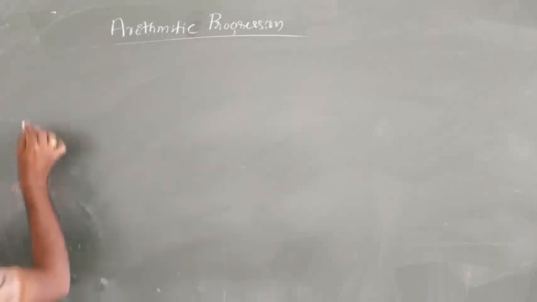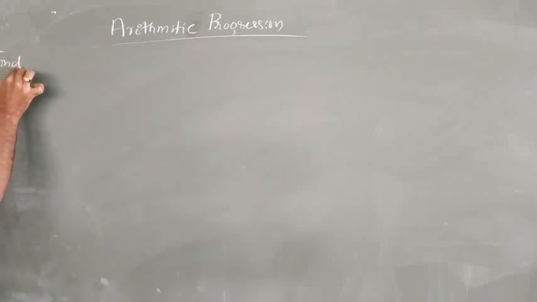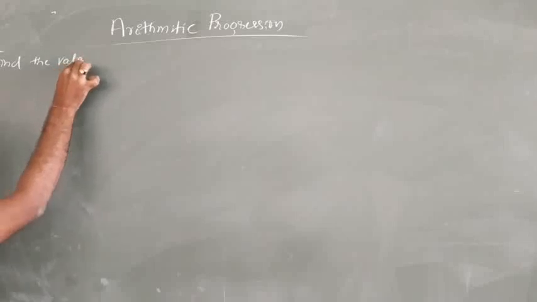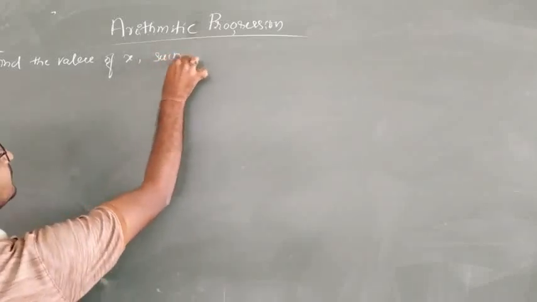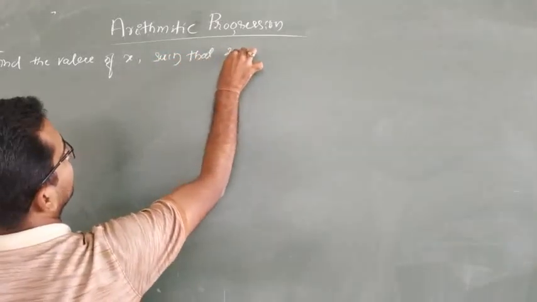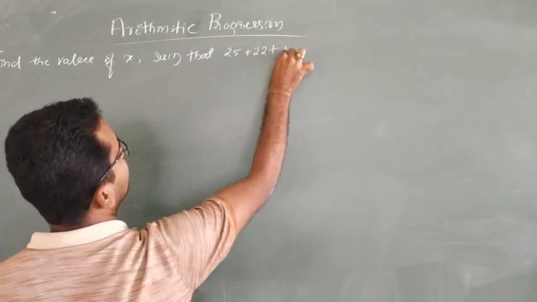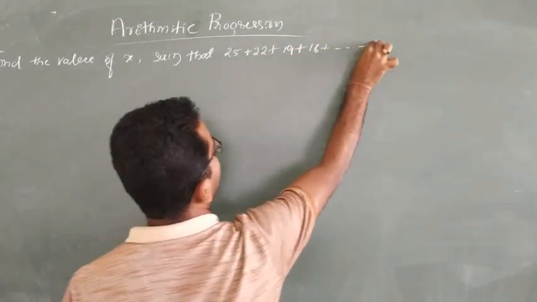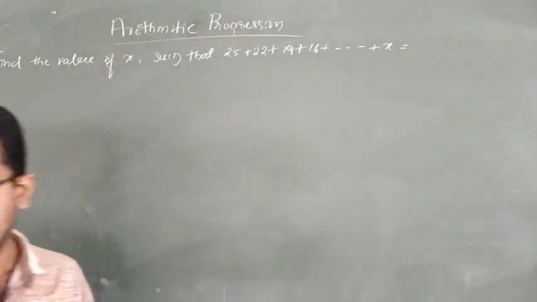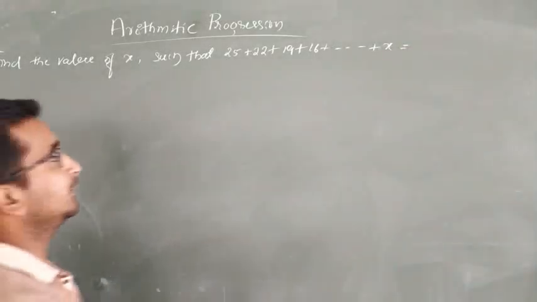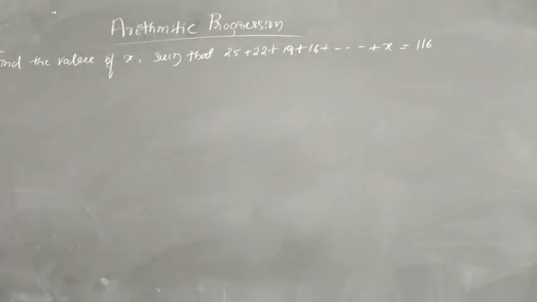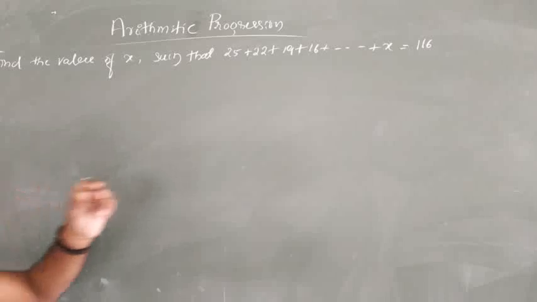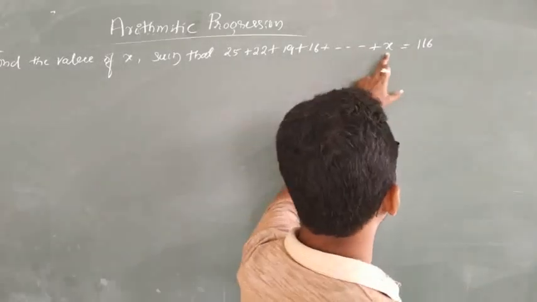Find the value of x such that 25 plus 22 plus 19 plus 16 plus x is equal to 116. So we have to find the value of x.